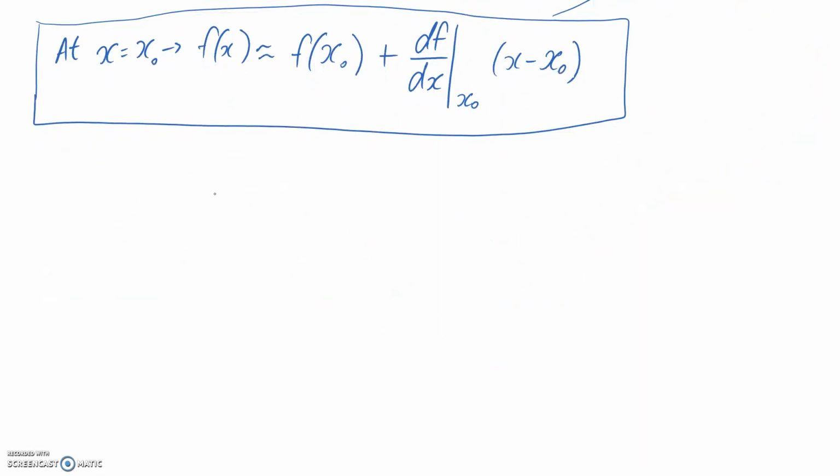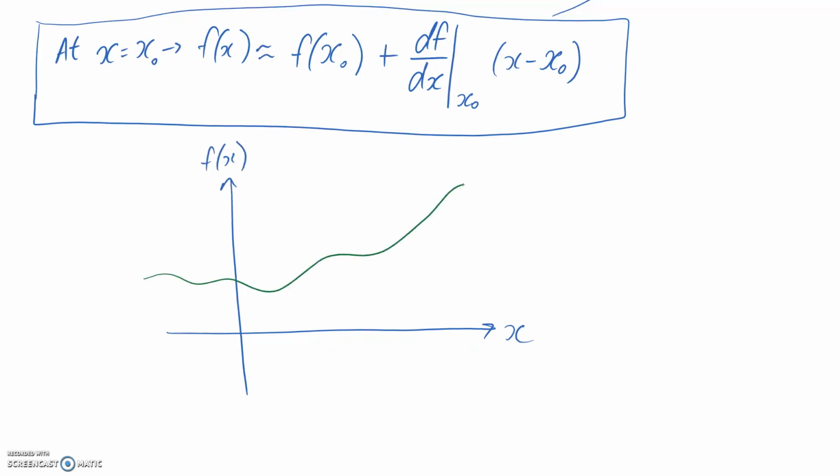So if we were to draw this, say we have our x, and this is f of x, and this was the original function that we were looking at. So we needed to pick a value to expand around. So I initially called it a, but now let's call it x0. Okay, so that's our point of interest.